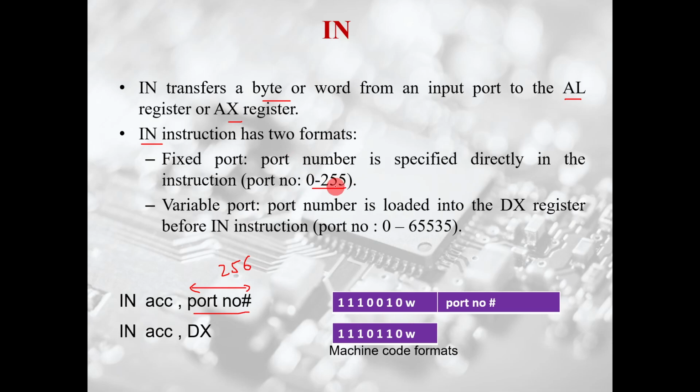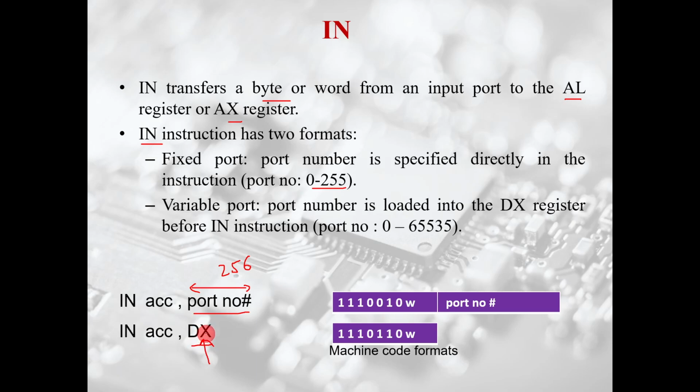Other than this, instead of addressing it like this, I can also write in AX, DX. Then the address of the port will be computed from the contents of the DX register.